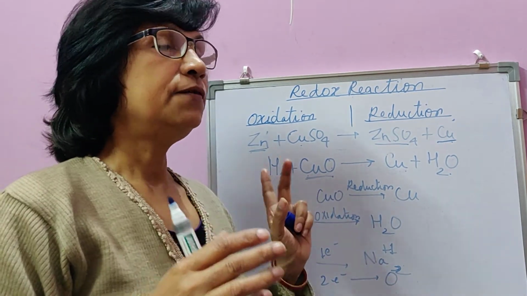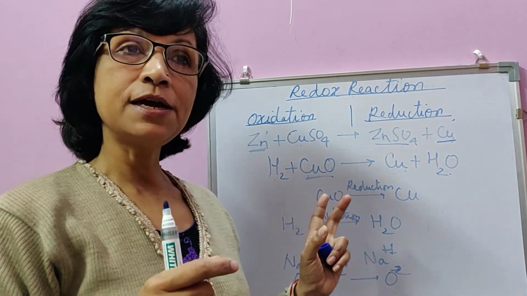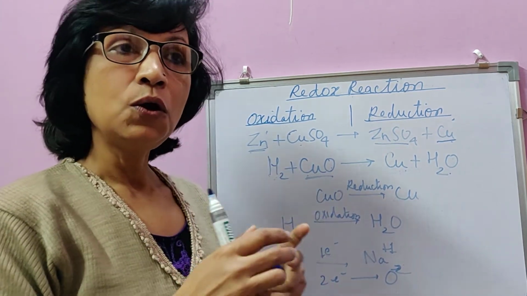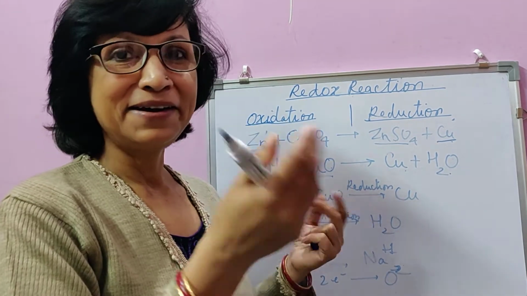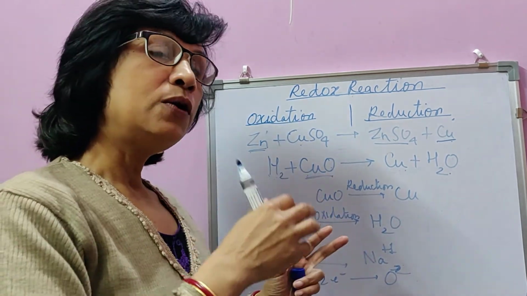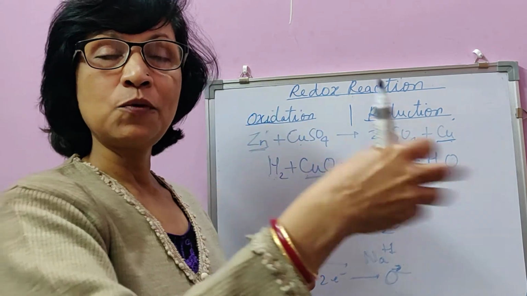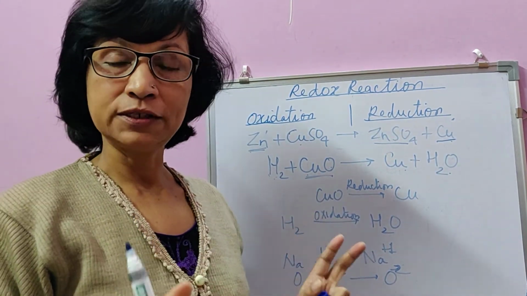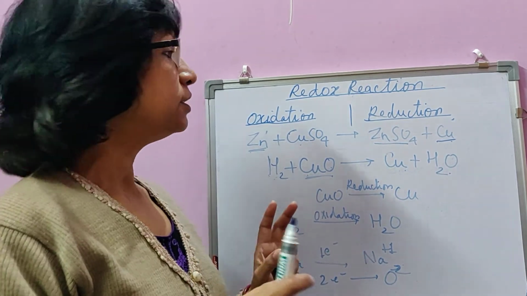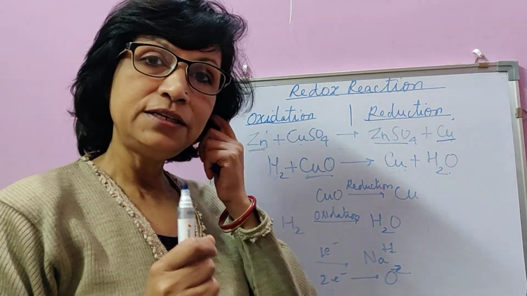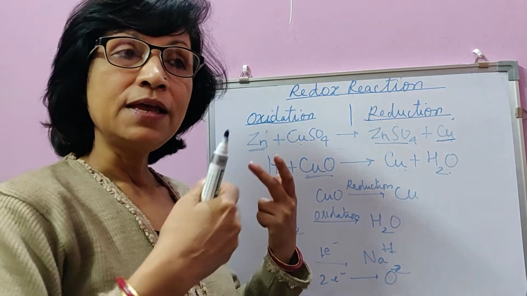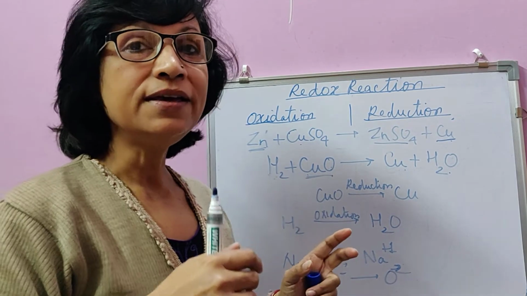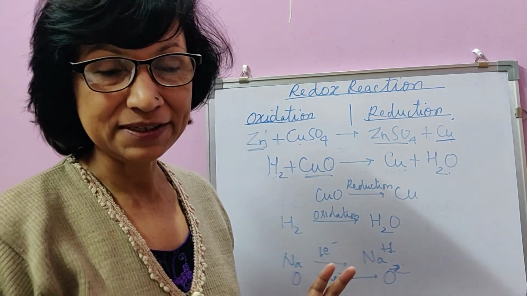So we can define oxidation like this: a chemical reaction in which a substance either combines with oxygen or a non-metal, or loses hydrogen or an electropositive element, or loses electrons, is said to be oxidized. Reduction is just the opposite. Reduction is a reaction in which a substance gains hydrogen or loses oxygen or gains electrons.